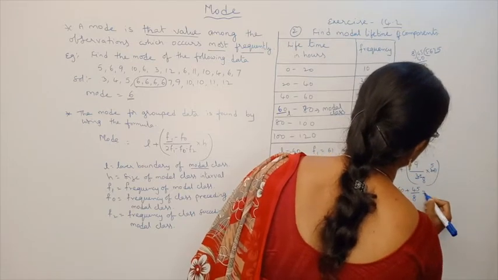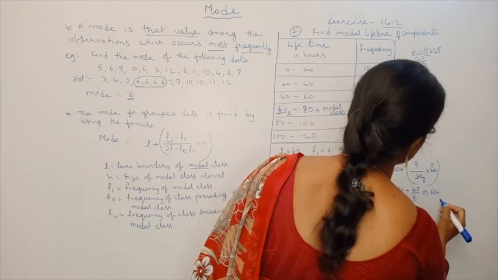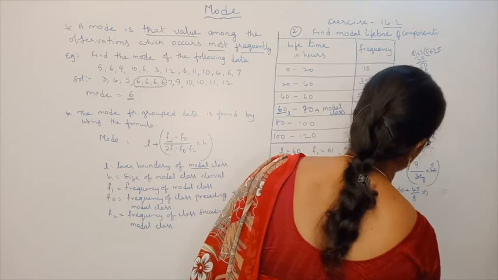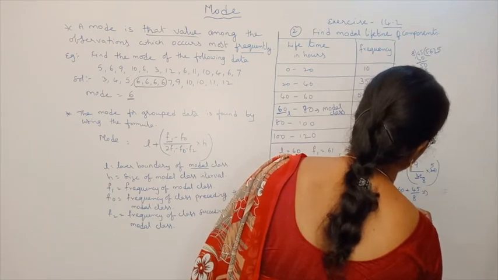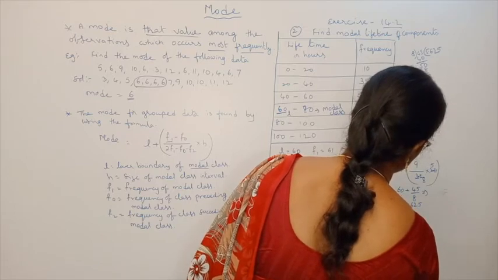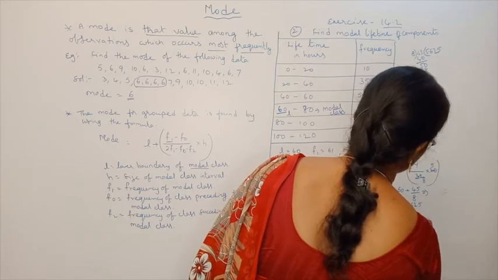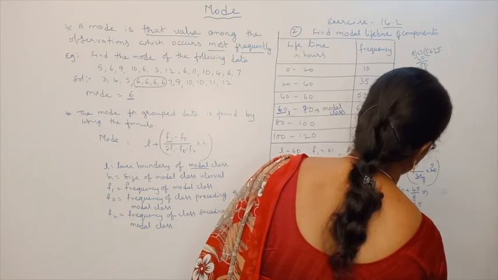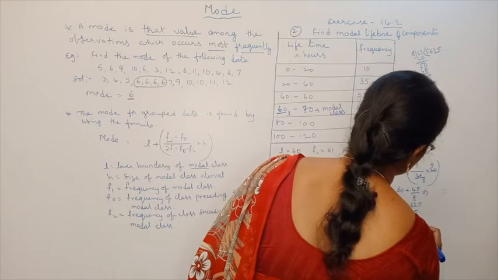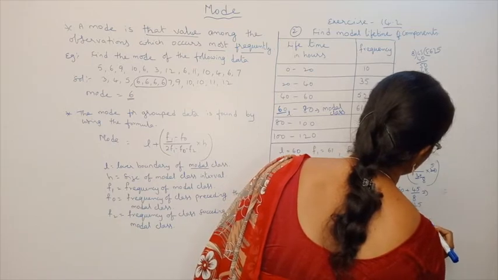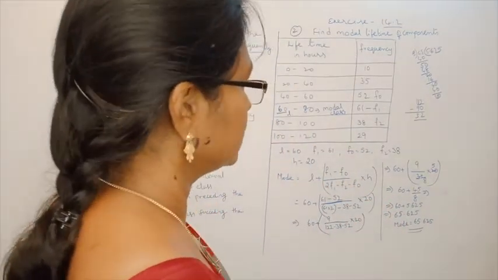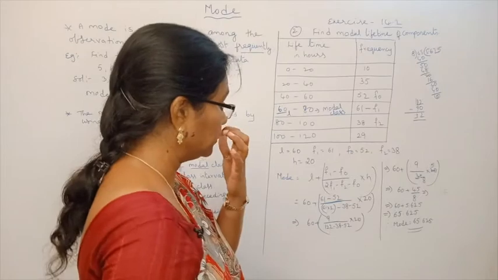So 45 by 8 is 5.625. Now 60 plus 5.625 gives 65.625. Therefore the mode is equal to 65.625, that is about 65 hours. 65.625 hours is the mode of the lifetime of the components.